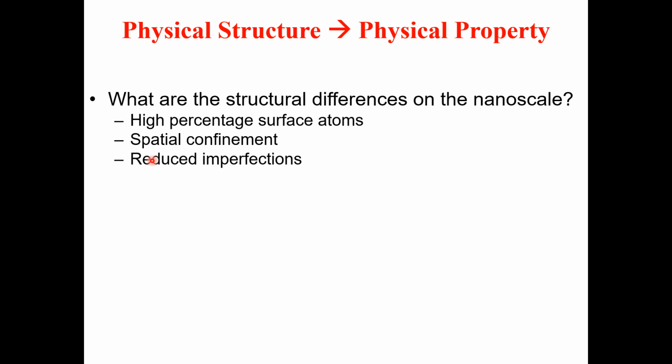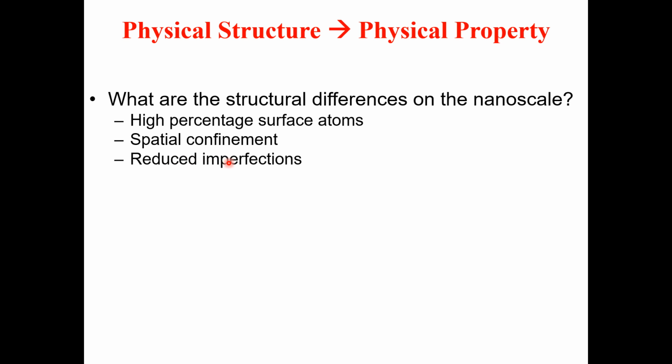And along with that, once we have a smaller size, the physical properties that sometimes we call defects or imperfections are also reduced because we are at the smaller scale. The majority of the atoms are lying at the surface.